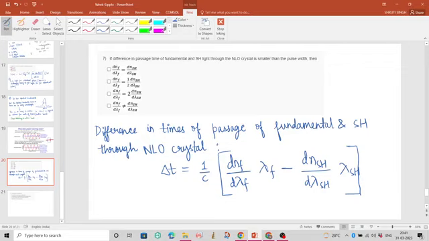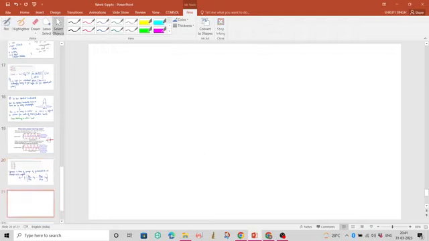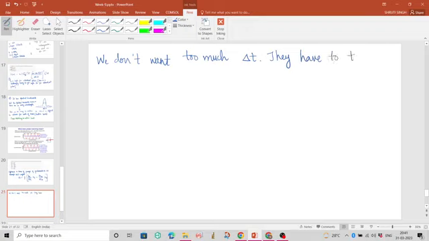So if we want the difference to be smaller than the pulse width, then actually we don't want too much delta t, because the wave packet has to sustain.